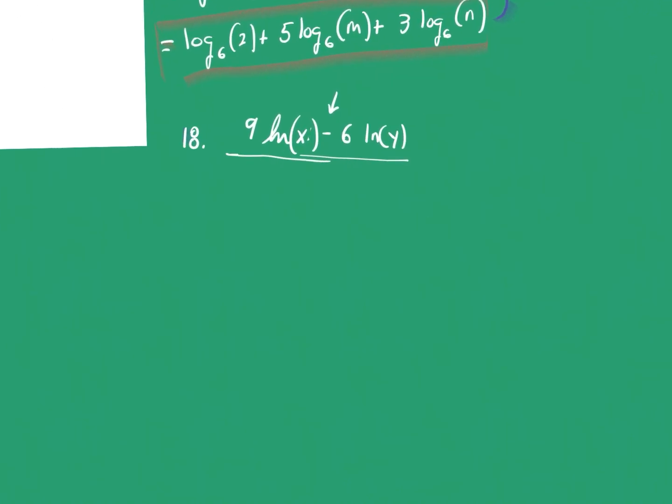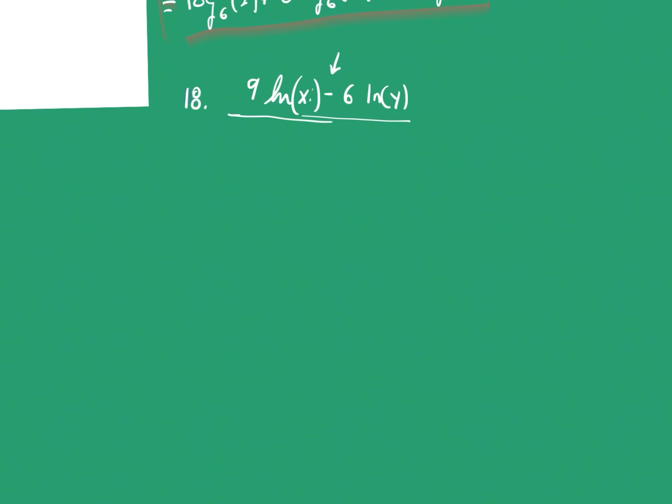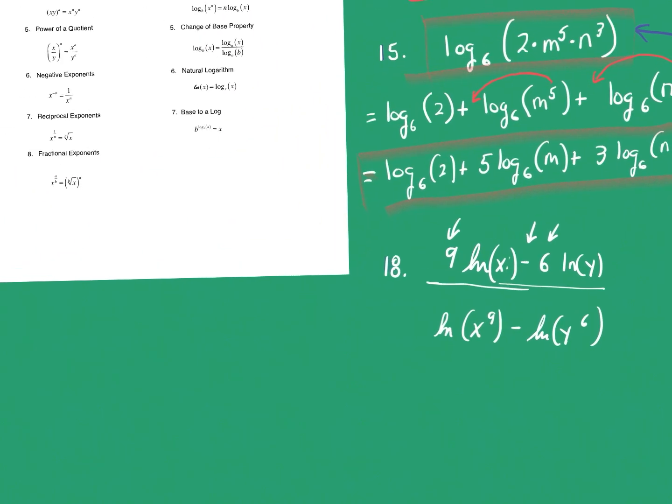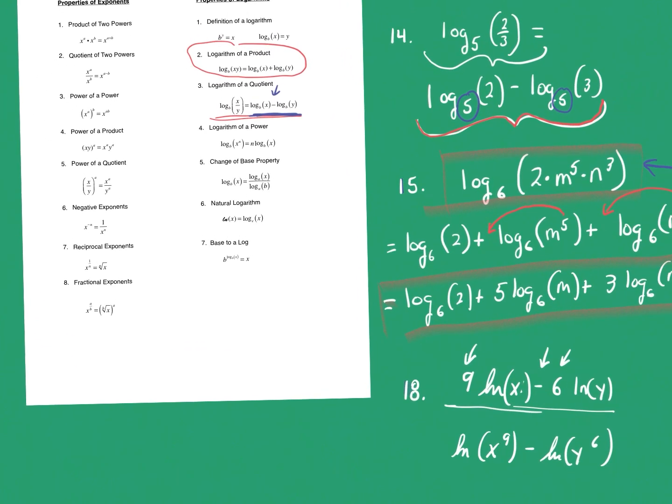So let's get back to our problem here. Let's do one first step. Before we start converting, we've got these numbers out front that we need to get inside the logarithms before we start combining the logarithms. So we're going to say this is the same thing as ln of x to the 9th minus ln of y to the 6th. Okay, and that's our logarithm of a power, property number 4 here.